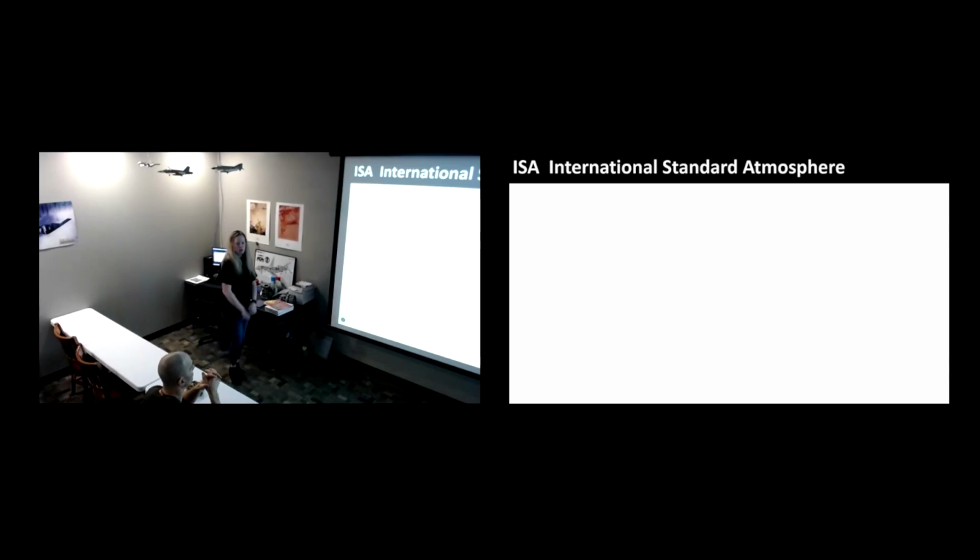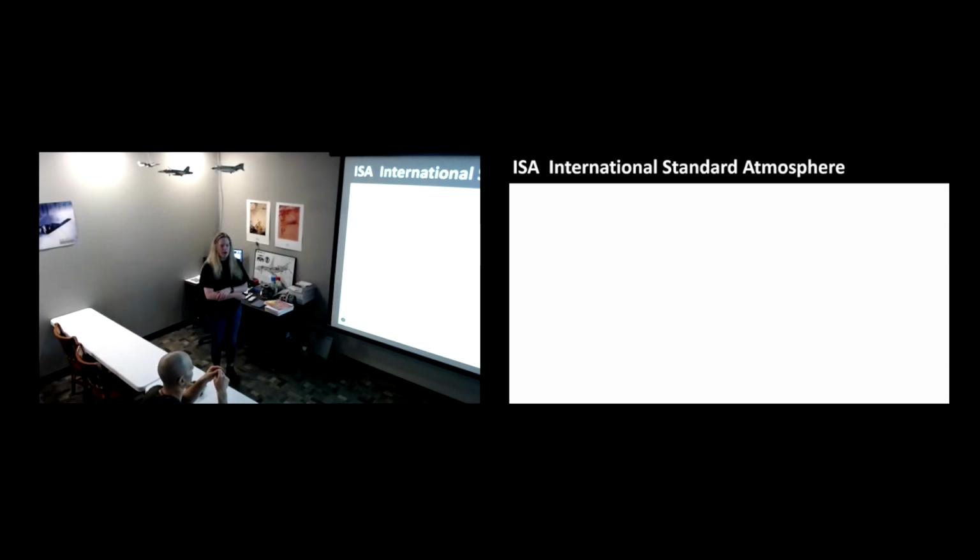What's our standard temperature? 15 degrees. Standard pressure, 29.92. And what's the standard lapse rate? 2 degrees per 1,000 feet. We're not using degrees yet. It's going to be 1 inch of mercury per 1,000 feet.